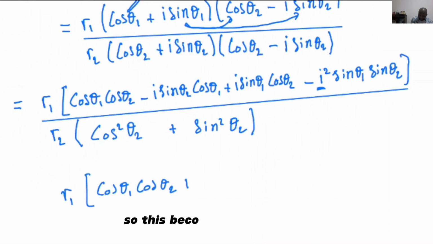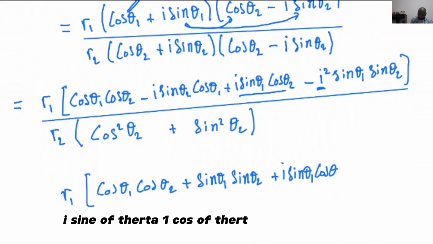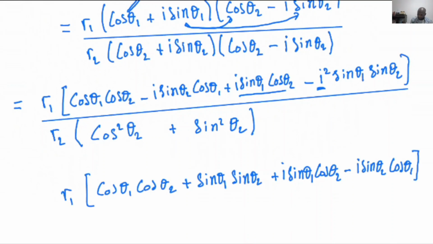So this becomes plus sine of theta 1 sine of theta 2 plus, so I'll write this term first, i sine of theta 1 cos of theta 2 minus i sine of theta 2 times cos of theta 1.